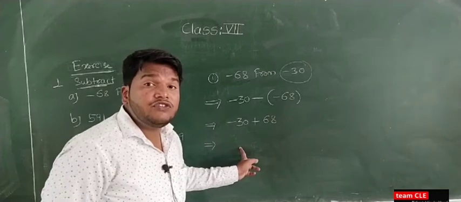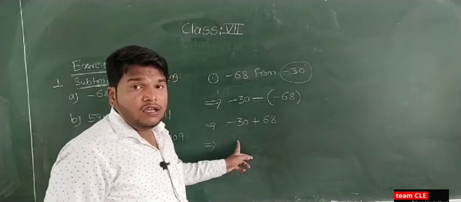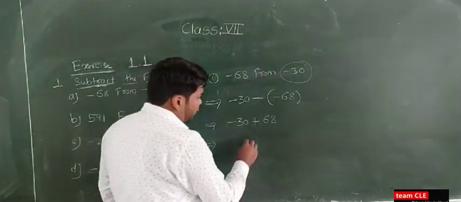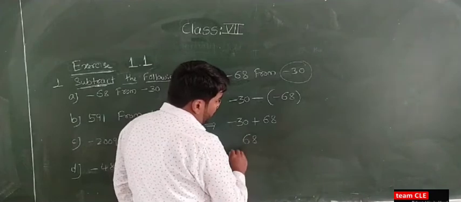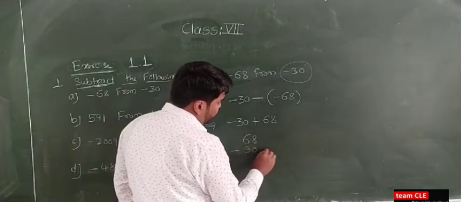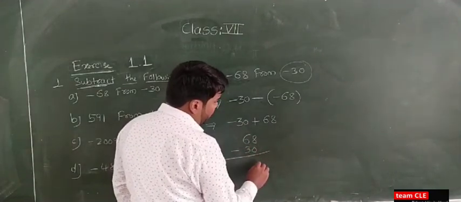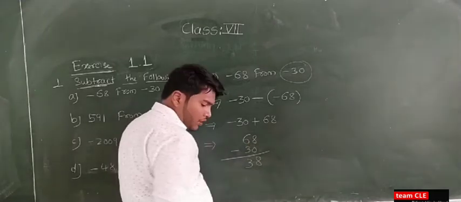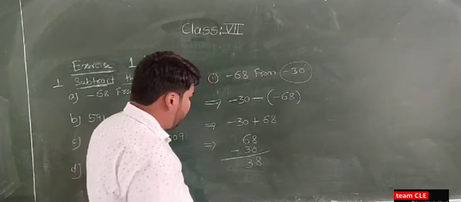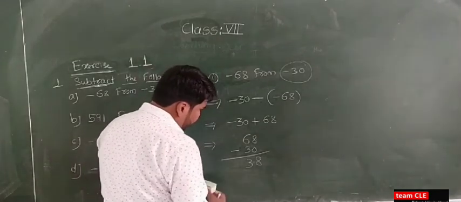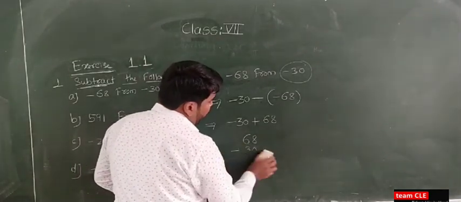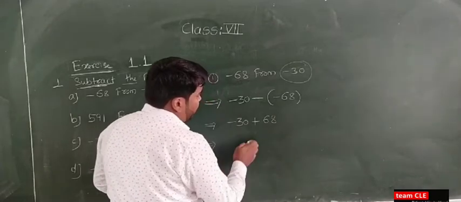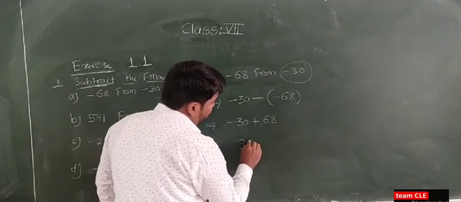That is integer rule three, as we learned in the previous video. So you do 68 minus 30. 8 minus 0 is 8, 6 minus 3 is 3, which equals 38.